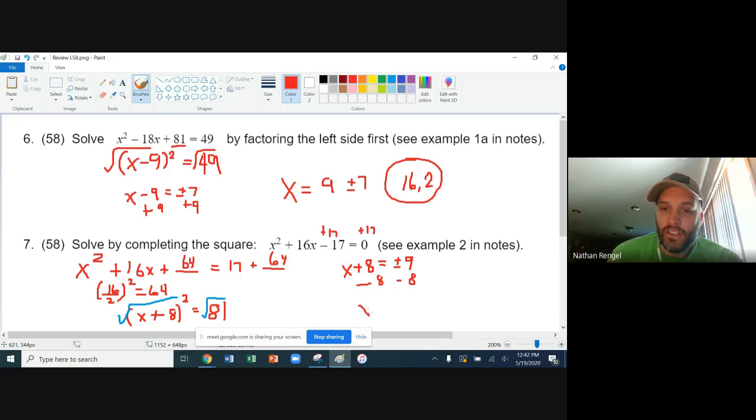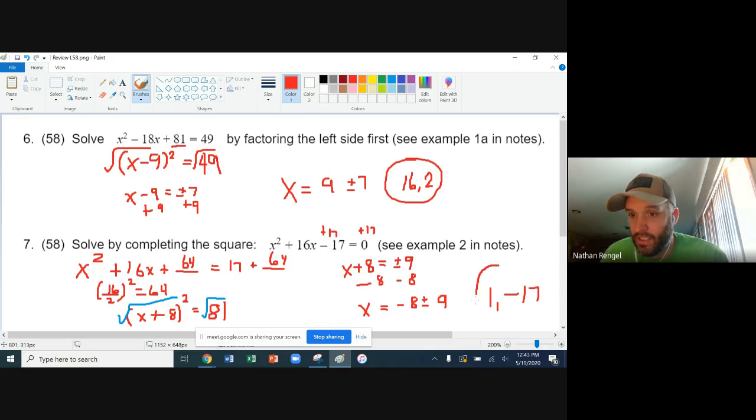We'd be left with x is equal to negative 8 plus or minus 9. And we have to figure out both of those results. We're going to take negative 8 plus 9, which gives me 1, and negative 8 minus 9, which gives me negative 17. So there's our two results, 1 and negative 17.